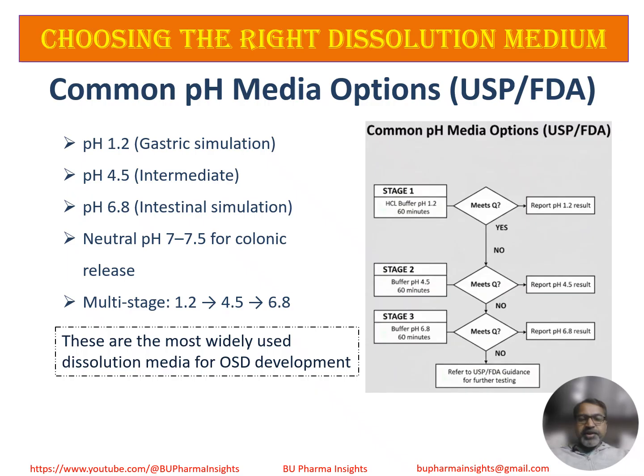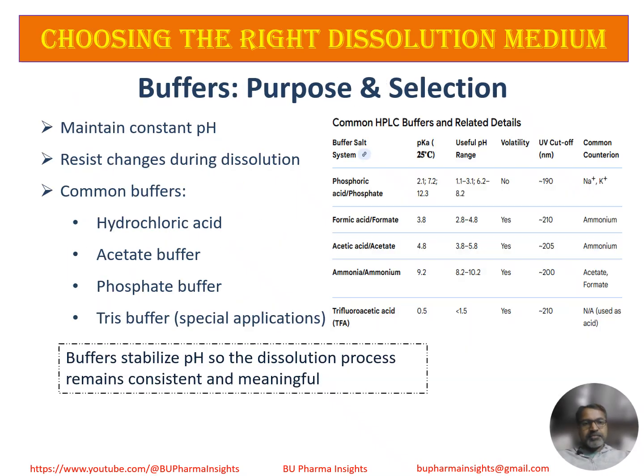Common dissolution media aligned with USP and FDA guidance include pH 1.2 gastric simulation, pH 4.5 intermediate transition, pH 6.8 intestinal simulation, pH 7 to 7.5 neutral or colonic conditions. For drugs with pH dependent behavior, a multi-stage approach is often used: pH 1.2 to 4.5 to 6.8.